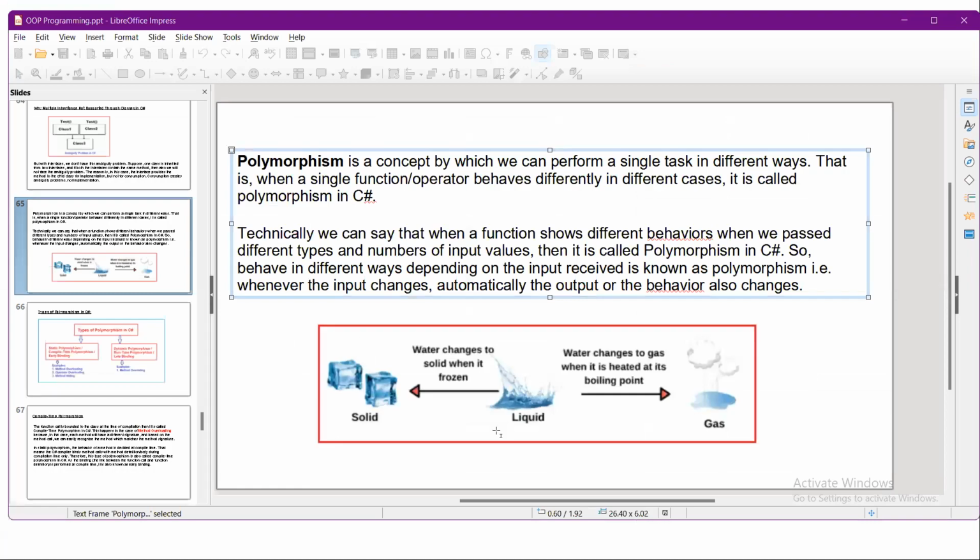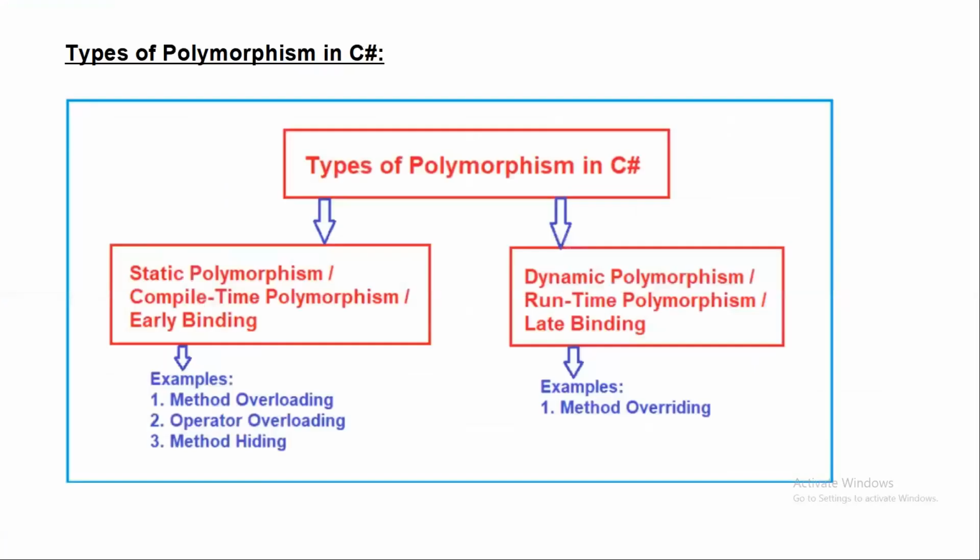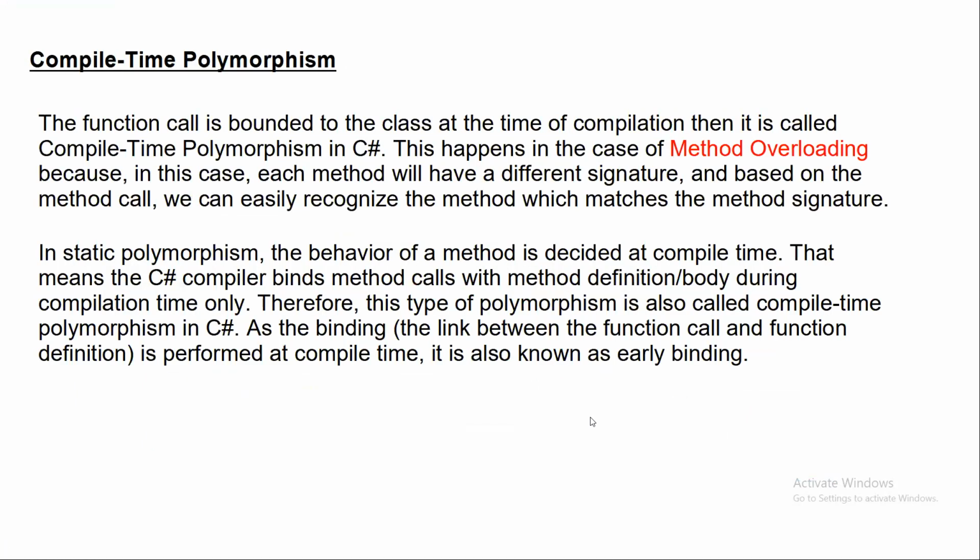So that's what I tried to put here. Static polymorphism is method overloading and method hiding, and dynamic polymorphism is method overriding. So this is what I said. When the function is called from the main method or from anywhere, I just took one simple example, it looks for which method to execute and tries to establish a connection to that method during compile time.